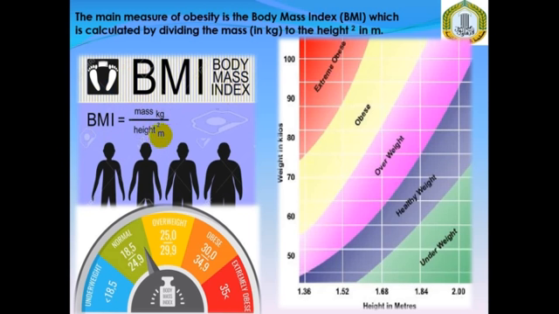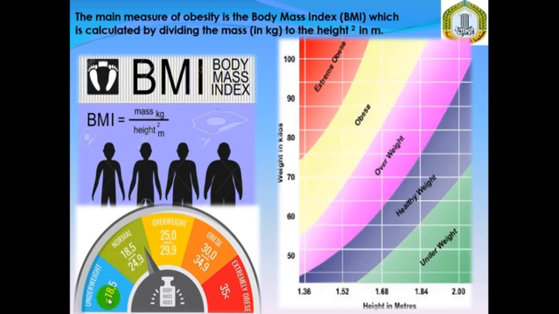How can you know if you are obese, normal, overweight, extremely obese, or underweight? After you calculate your BMI in kilograms per meter squared, you are going to match your BMI to this scale.